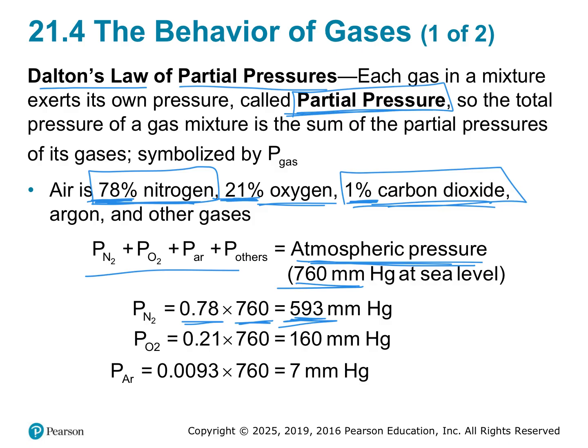We can do the same thing with oxygen, and the same thing with carbon dioxide. So oxygen is going to be about 160 millimeters of mercury. So your individual gases all have a part or a role to play in the total atmospheric pressure.